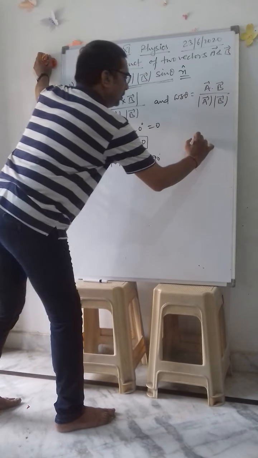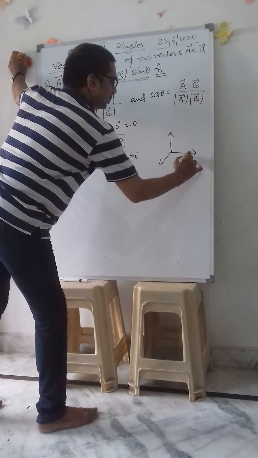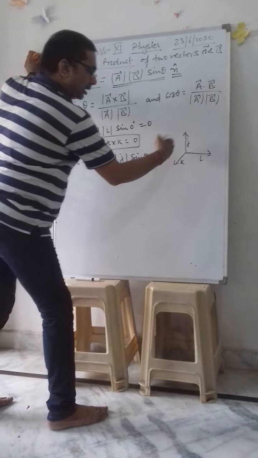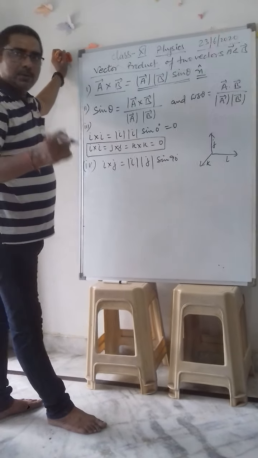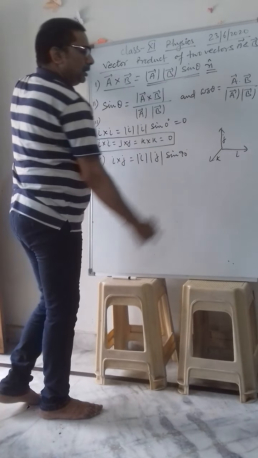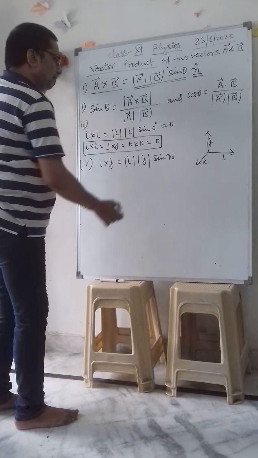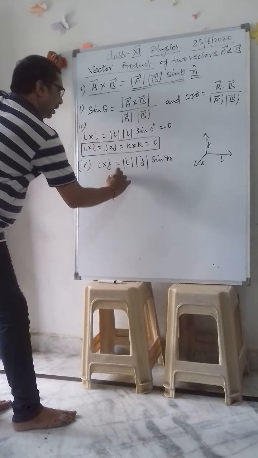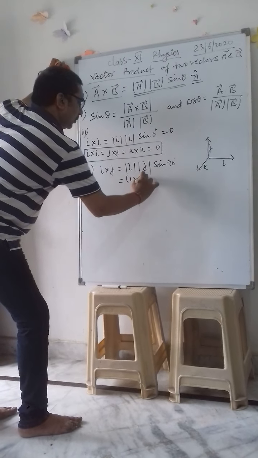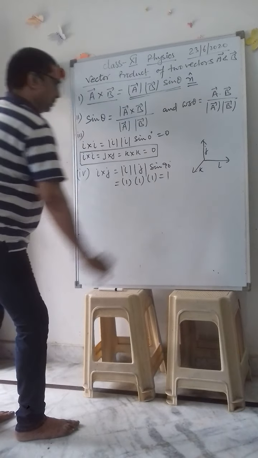Why? Because we observe here I, J and K are all unit vectors situated perpendicularly to each other. So I and J are situated at 90 degree. So we can write sin 90. So sin 90 is equal to 1, and these are the unit vectors, so magnitude is 1, and sin 90 also 1. So its value is 1.